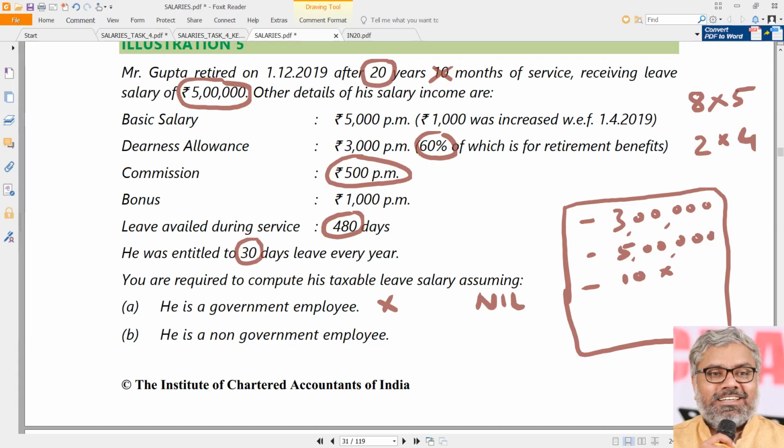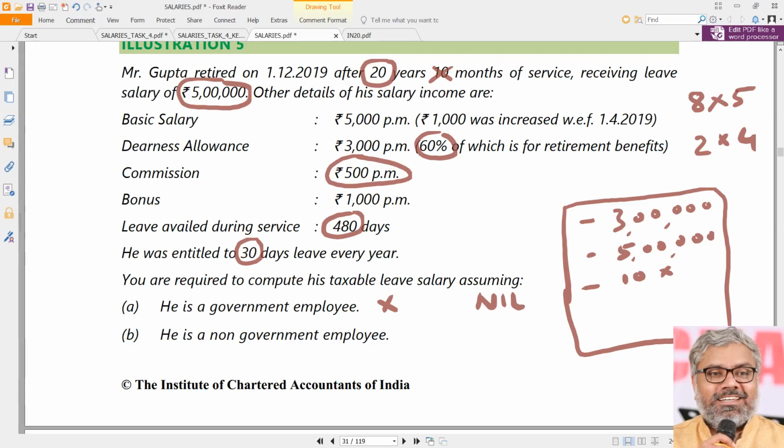We can take any assumptions here. If we consider this commission also as part of salary, then the calculation can be like this: 8 into 5,000 plus 2 into 4,000, that is basic, plus 1,800 into 10 plus 500 into 10. These are all part of salary, the whole divided by 10.